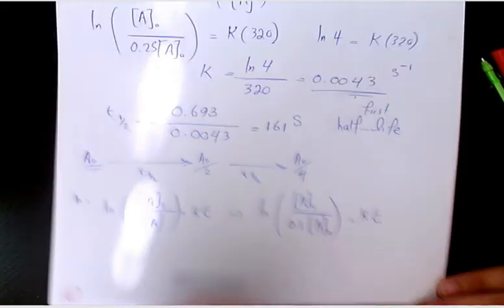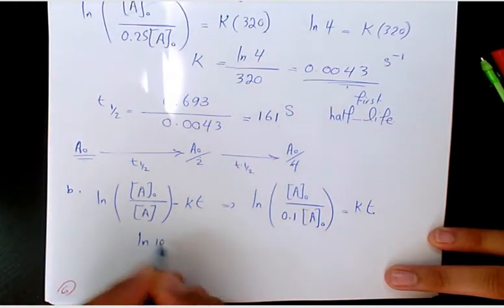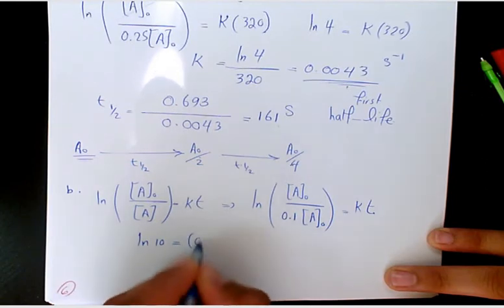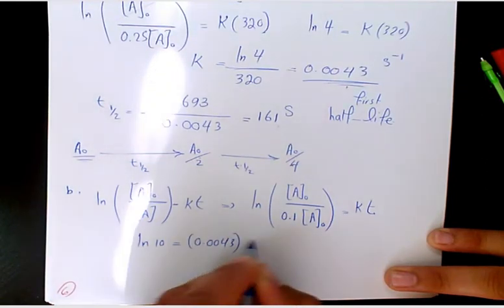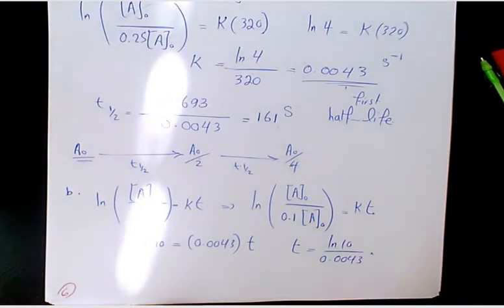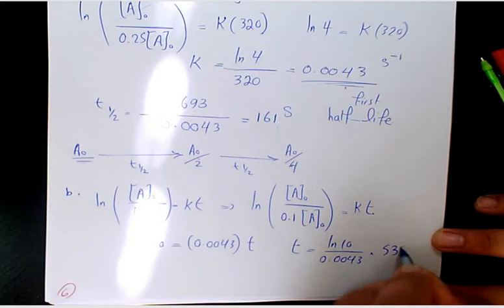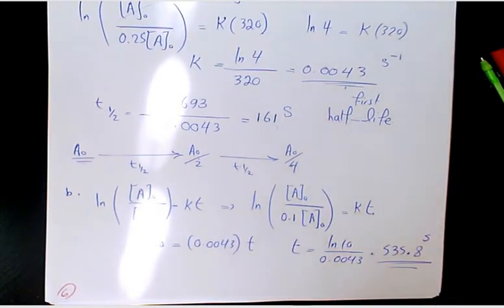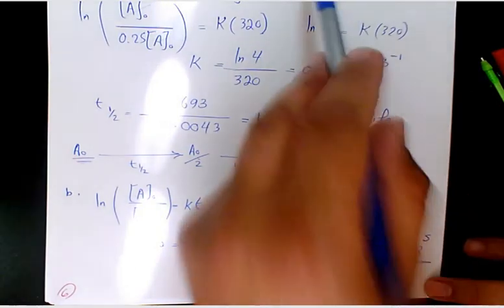So it's going to be ln 10 equals k times t. k we found already, which is 0.0043, times time. So time is going to be ln 10 divided by 0.0043, which is 535.48. So 535.8 seconds is going to be the time it takes to get to 90%.